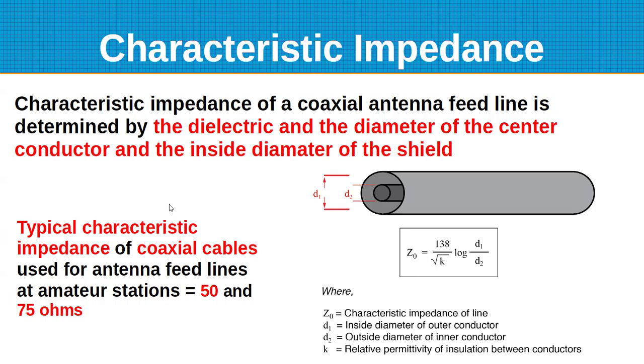Coaxial cable is typically going to be 50 ohms or 75 ohms. We use 50 ohms predominantly in amateur radio. You'll use 75 ohms in TV, going to your TV antenna if you have an external one, or connections to the monitor. Those are typically all 75 ohm coax.